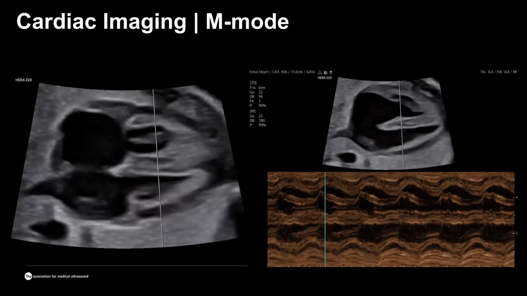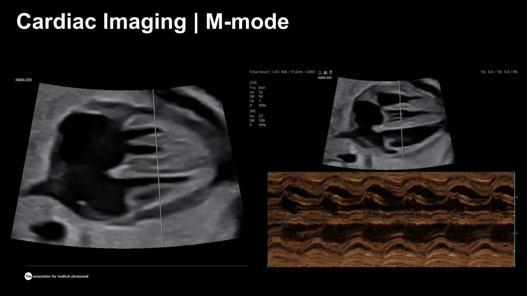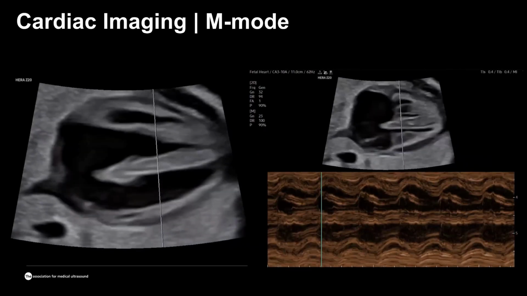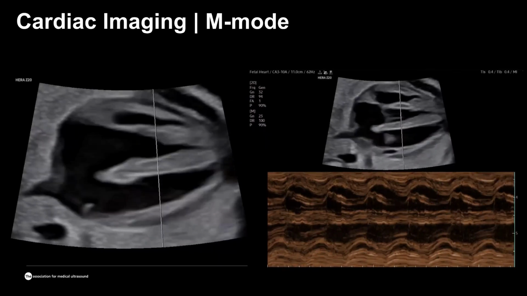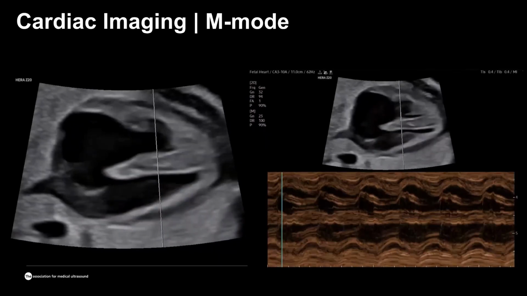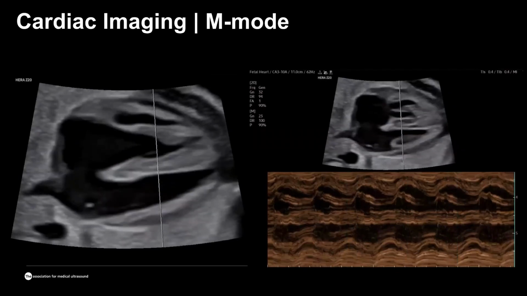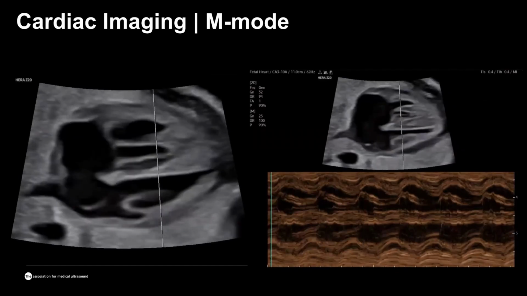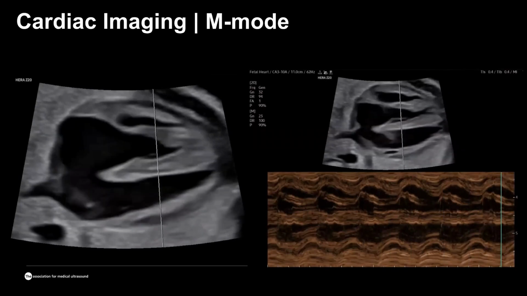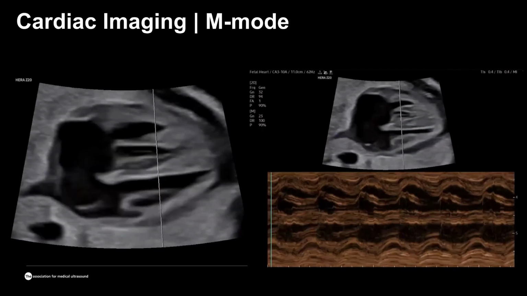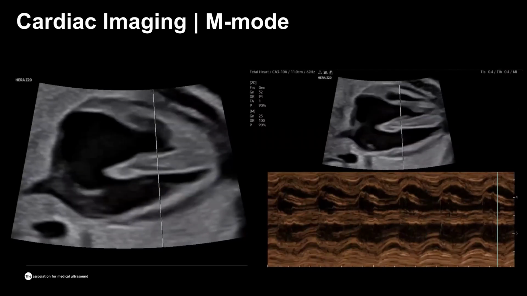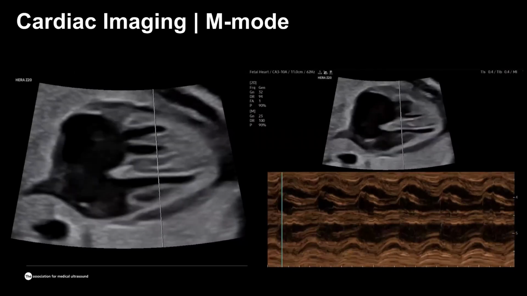If we are looking at the optimization, we need to start from the optimization of the 2D. And one of the controls that we use when we're optimizing the image in 2D is the zoom. In order to get the best M mode, you need to make sure that your zoom box has just the heart, no chest, no other structures.